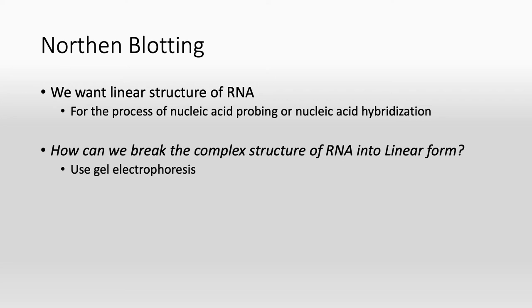Then we can separate that RNA using electrophoresis, which is an agarose gel electrophoresis process. Then we use the probe and then the process will be done. So this whole set of stages is known as northern blotting.